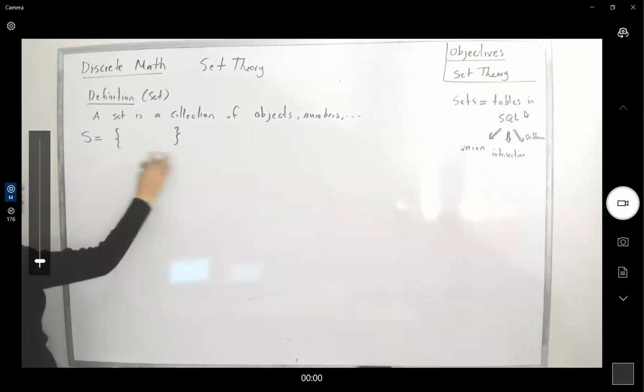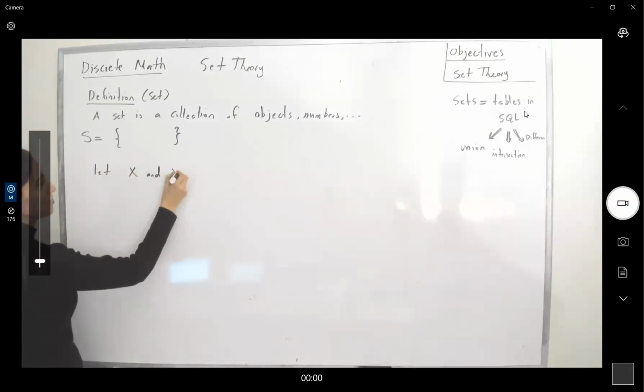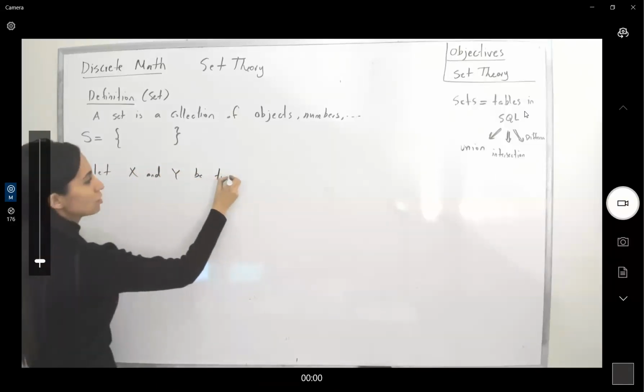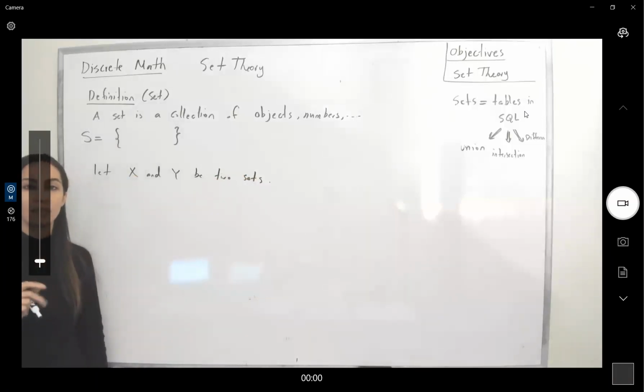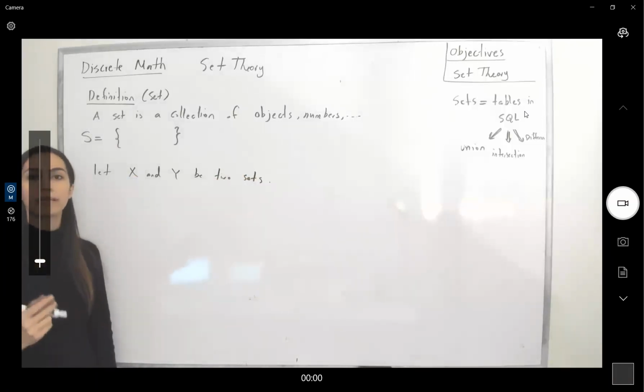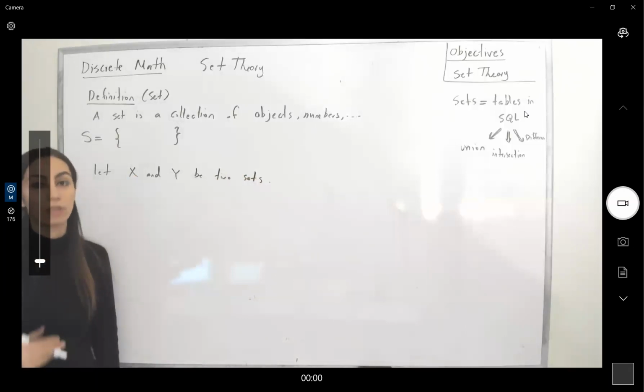So we talked about the elements of a set, or members of a set, in chapter 1. So let us talk about two sets. Let X and Y be two sets. When you have two sets, you might have some relation between them or no relation.